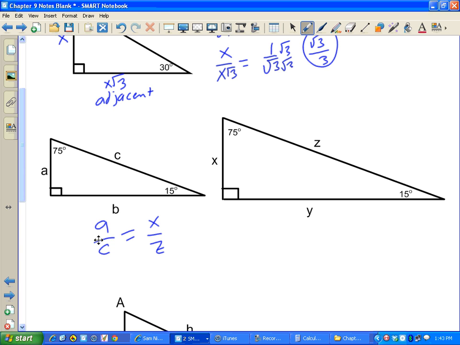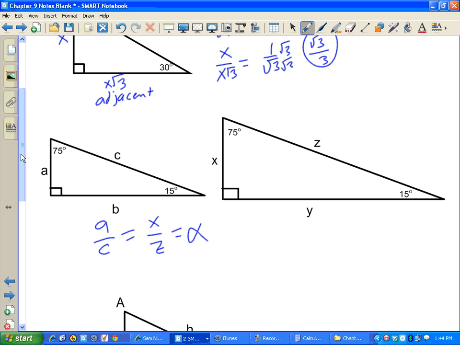Always the same. So this is some value. I don't know what that value is, but let's call that value alpha. So if the ratio between the opposite and the hypotenuse side is always this value alpha, then that's a fact that I can use to help me solve things.